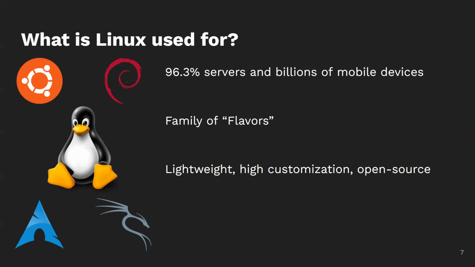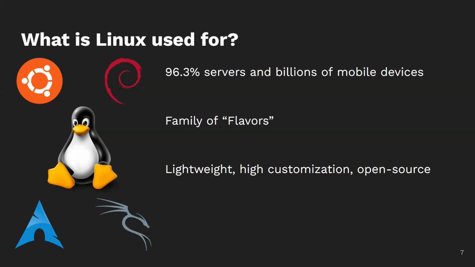Again, I'll get more into what that means on the next slide. But the important thing to take away is that there's a lot of different kinds of operating systems that all use the Linux kernel. And the reason why so many different operating systems and so many devices all use Linux is because it's very lightweight, it has high customization, and it's open source.